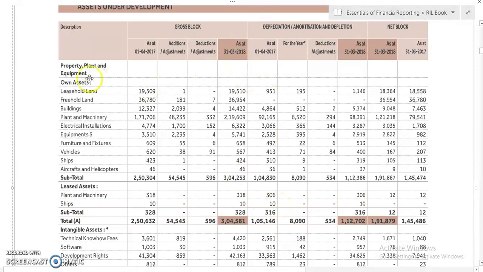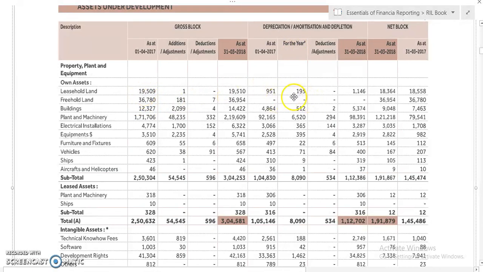Now let's look at leasehold land first. They have 19,000. Forget about crore rupees, consider it $19,000. Then they have accumulated depreciation of $915.